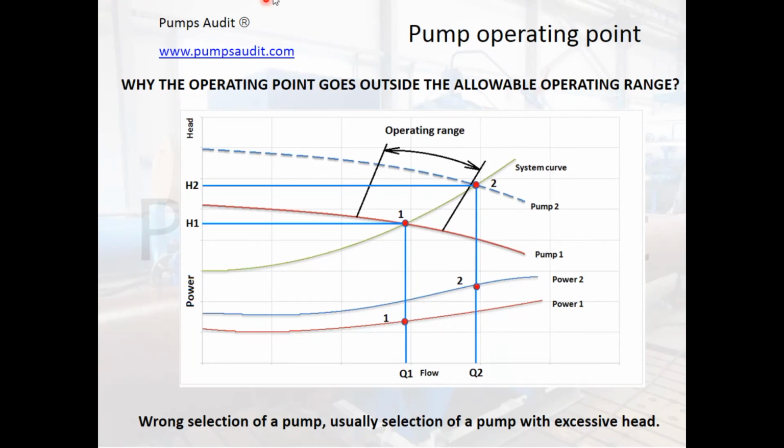You can see that the operating point 2 goes outside the operating range. Shaft power will be more and can exceed the motor power and overload the motor. On this figure you can see that the operating point for pump 2, which has more head, goes to the greater flow and power outside the operating range.